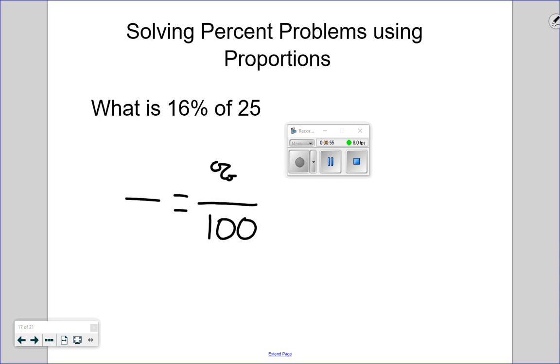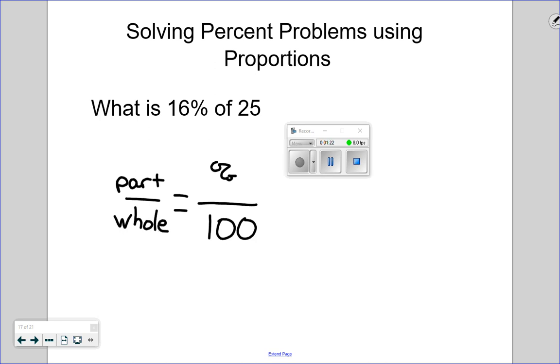So whatever percent you're given, say it's 16%, 20%, that number goes over 100 because that's the definition of a percent. It means out of 100. So when we're solving a percent problem, one side of our proportion will always have the number that's the percent on top of 100.